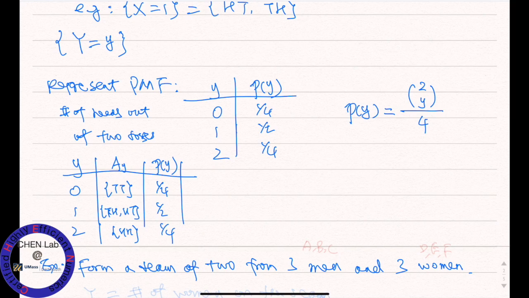Before, we talked about the probability of some event, like the probability of having 1 female for the candidate interview. Here we actually define a random variable. We define the random variable Y to be the number of women on the team.